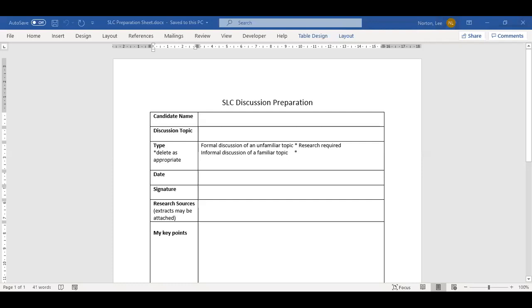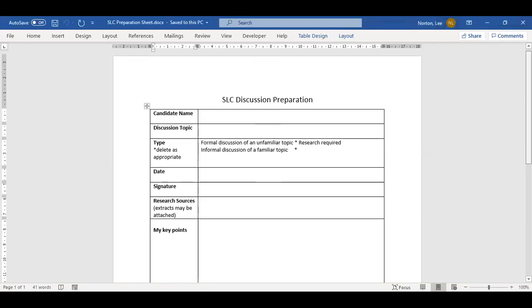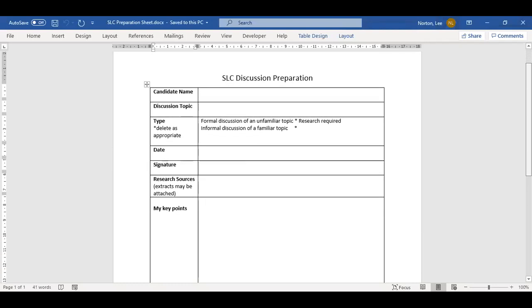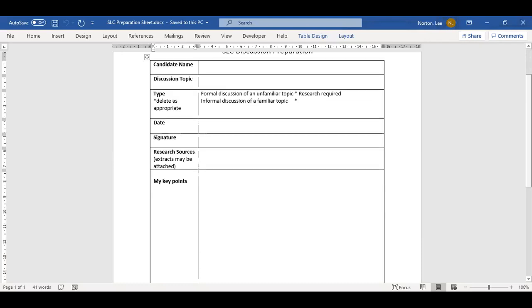You'll also need to complete something else. And this is now not for the presentation part. This is for the discussion part. You need to complete the following worksheet. And I'd like you ideally to type this up so you can send it to me. This here is going to have all of your research notes in it. So the topic you're doing, which I will be emailing to you as soon as I receive it.